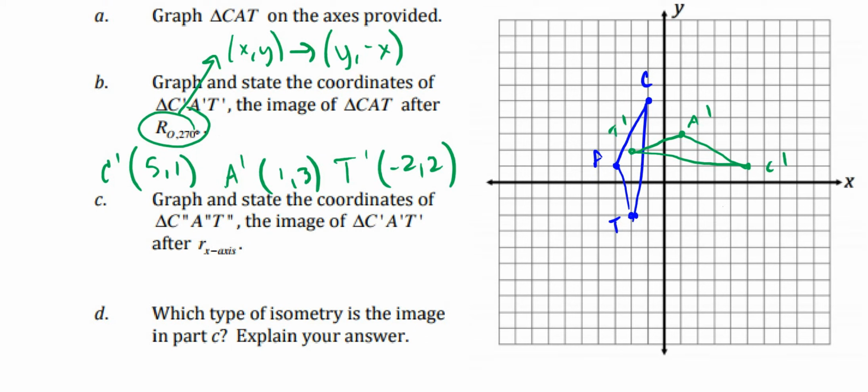For part C, it says to graph triangle C double prime, A double prime, T double prime after reflection over the x-axis. So to reflect over the x-axis, all we're going to do is negate the y values.